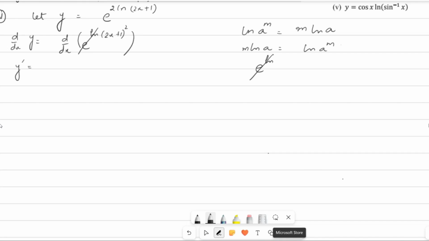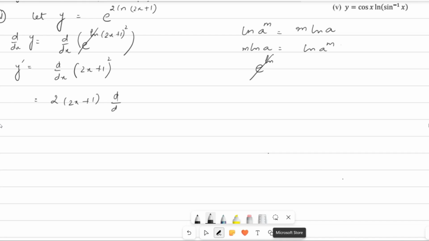Now the derivative of y will be equal to d upon dx of 2x plus 1 whole square. If we take the derivative of it, 2 will come out, and 2x plus 1 raised to the power 2 minus 1, that would be 1.